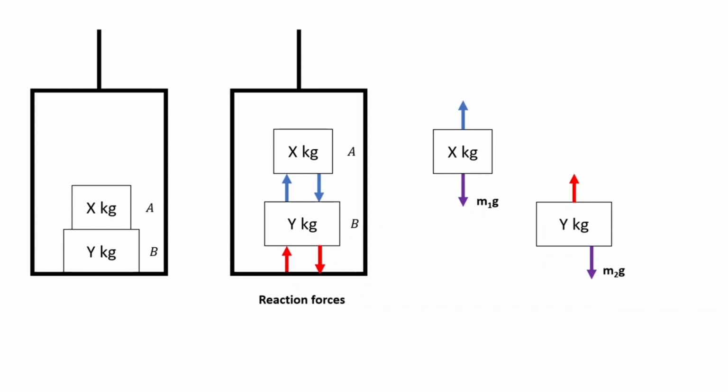These are not the only two forces that are acting on B. We know that the reaction force, the blue force that we described as the force exerted on A by B, is going to be the same as the force exerted on B by A. So we also have this blue force here. This would be the diagram that we would use if we were modeling just the mass B.